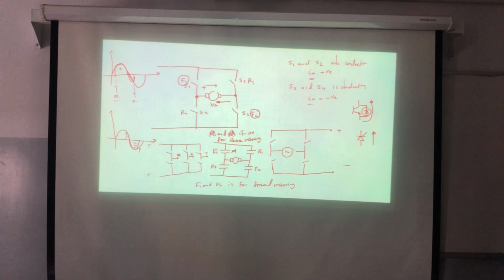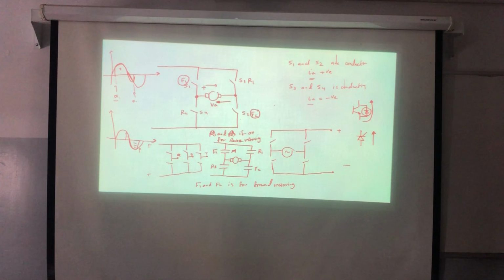Now here I'm having switches S1 and S2 and switches S3 and S4. Or for example, I can operate S1 and S2 with alpha and S3 and S4 with beta.